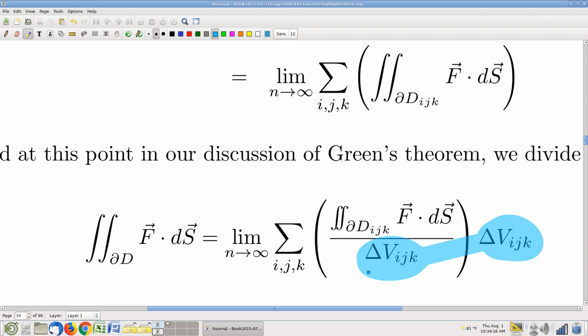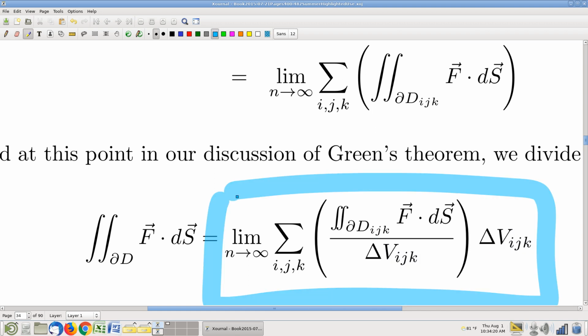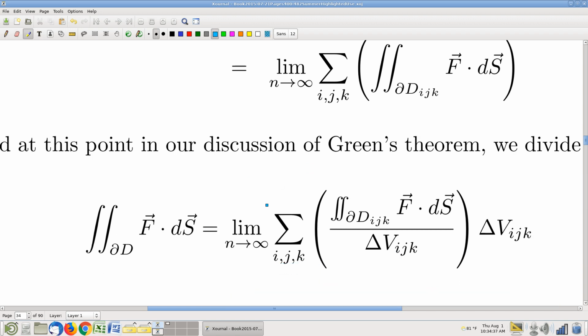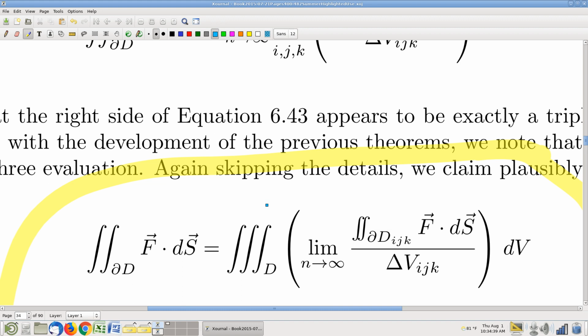Got to be legal. Now it looks a lot like a triple integral. And you can see right there, limit of a sum. We've got some thing here, and then times delta v. That's a triple integral. Sweeping some formalities under the rug that are not our concern in Math 212, I'm just going to write this as a triple integral.